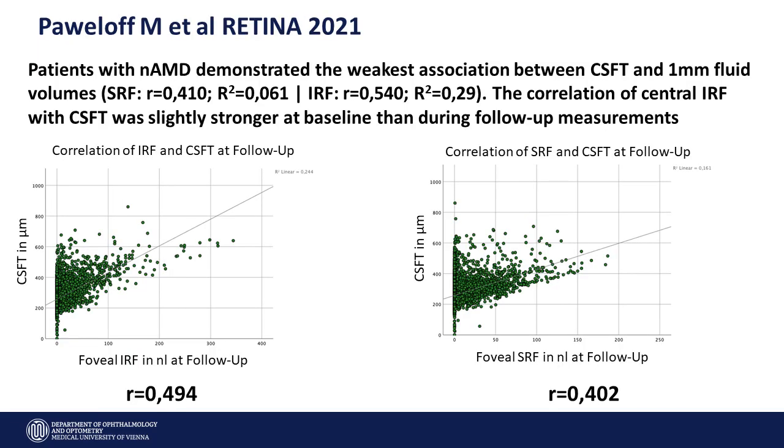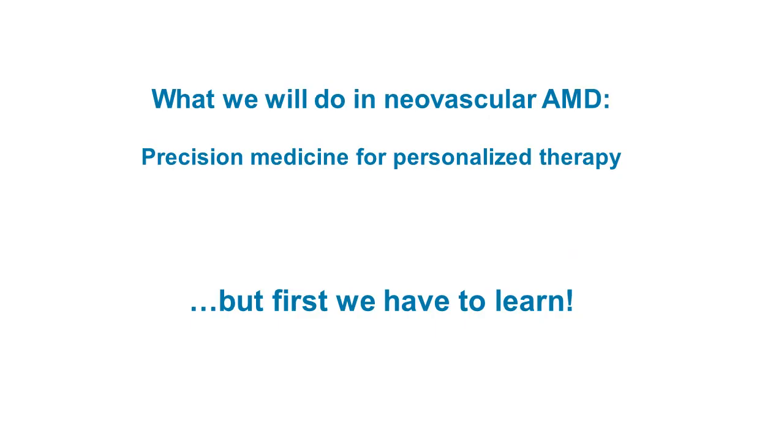But let's not forget that in all of the clinical studies which are ongoing at the moment, central retinal thickness is the parameter that is used for AMD management, despite the fact that by using AI, it becomes very clear that CRT is not relevant and it does not reflect real fluid volumes.